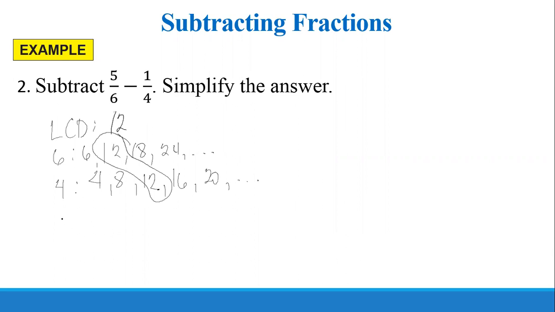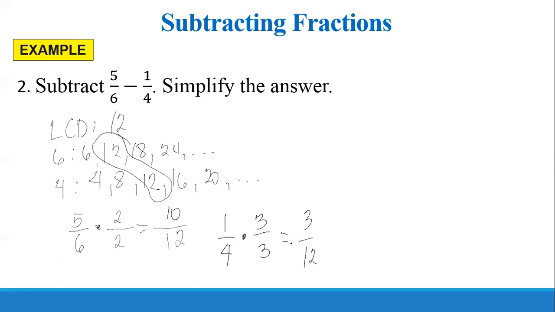So, rewrite natin yung fraction natin with denominator of 12 para maging common denominator. So, multiply this fraction, both numerator and denominator by 2 to make the denominator 12, and this is 10/12. And the other one is 1/4. So to make it 12, multiply both numerator and denominator by 3. So this is now equal to 3/12.